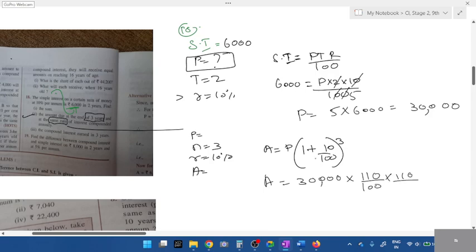How many times, if you take LCM, how many times it gets multiplied? Yes. There are three zeros. What's the final answer?